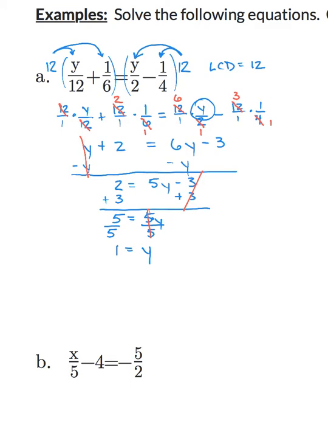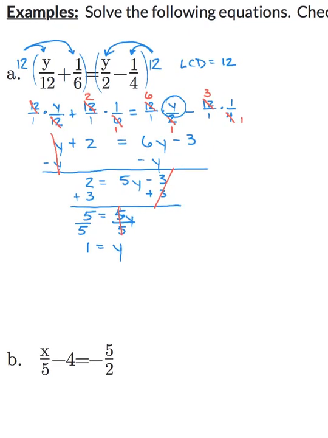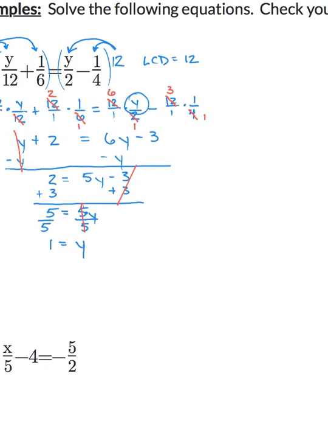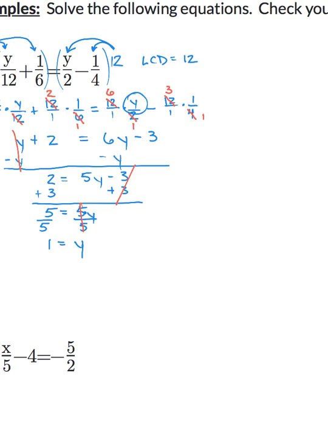Now, as I said, this is the first method that you can use in order to solve this problem. The second method that you can use is to rewrite everything with the same denominator. We still want to find the LCD, which we've done. From there, I want to rewrite everything with a denominator of 12.